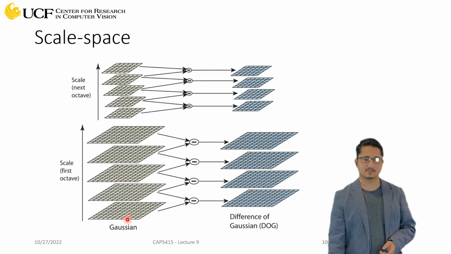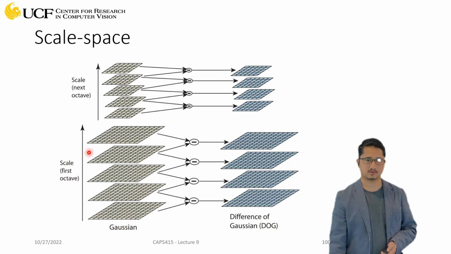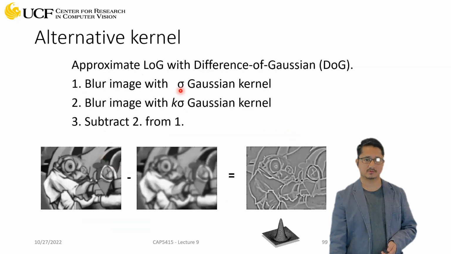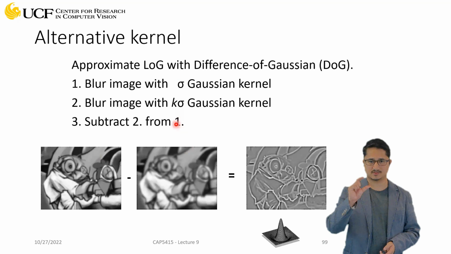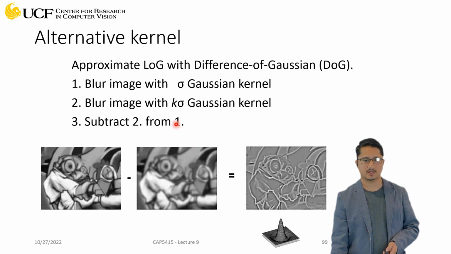You can simply use multiple scales of Gaussians. For example, in this case, you have just sigma and k sigma, but you can have multiple scales. You just keep multiplying with k, which is the multiplicative factor, and you can compute smoothened images like these.